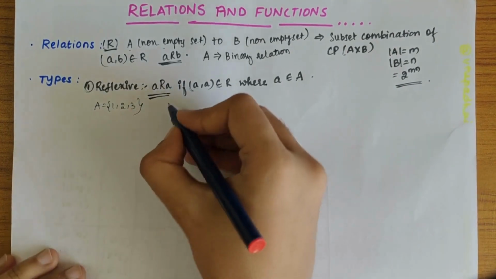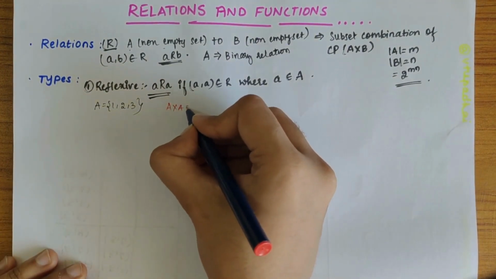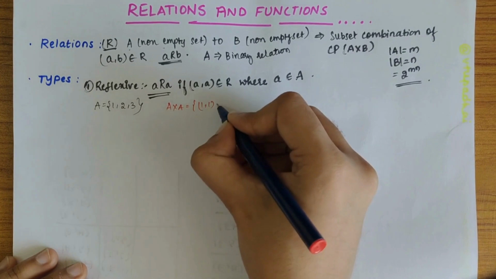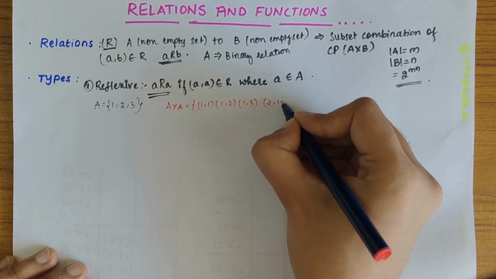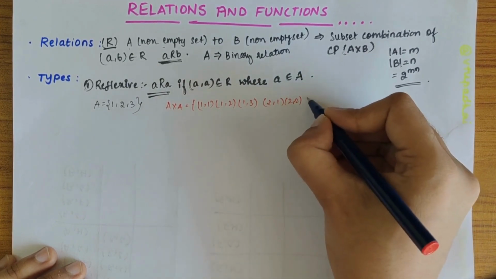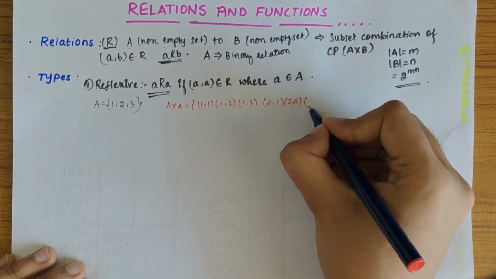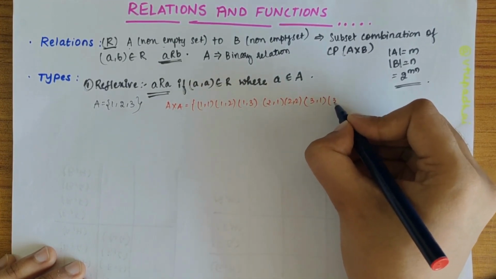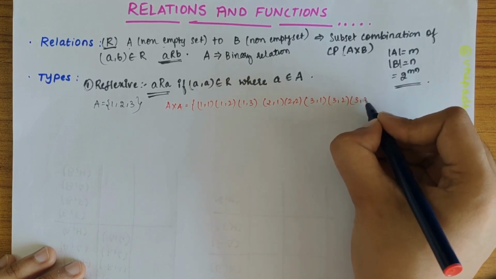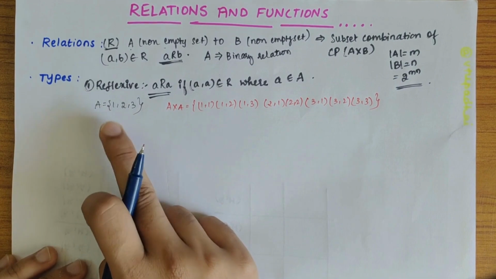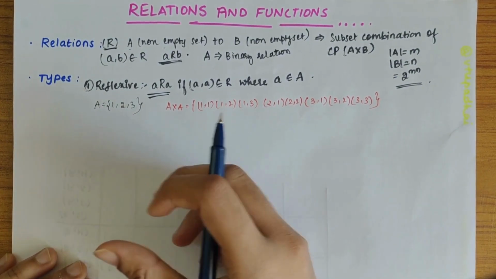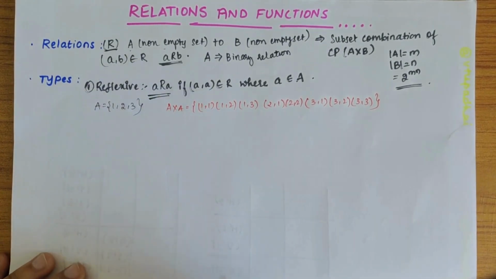We can write A cross A as (1,1), (1,2), (1,3), (2,1), (2,2), (3,1), (3,2), (3,3). Suppose this is the relation obtained from the given set.